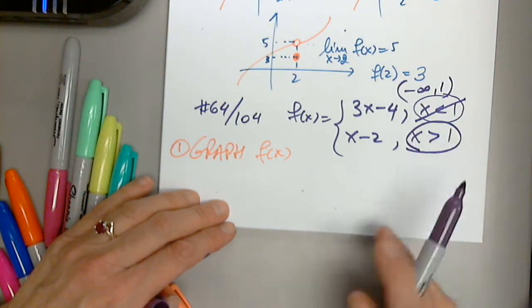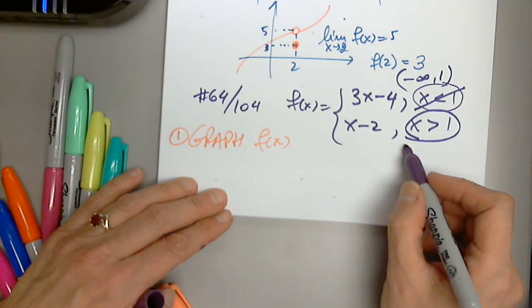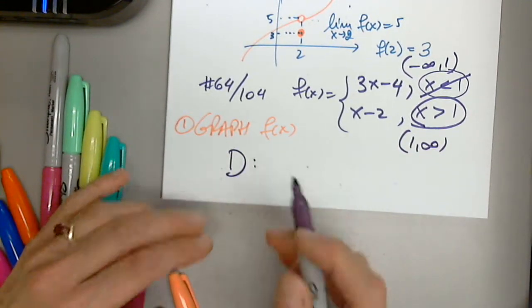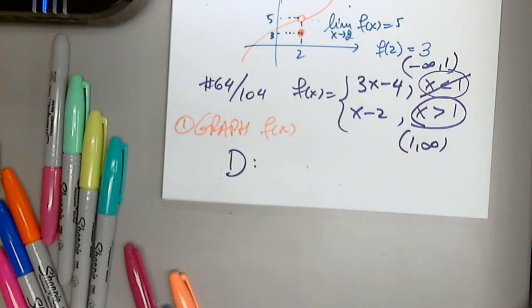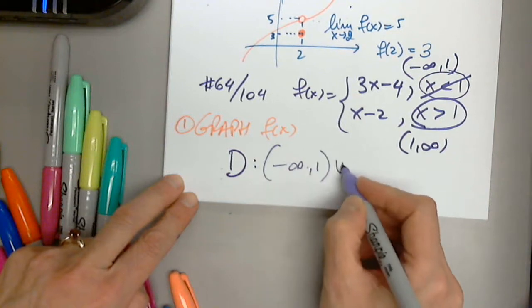What is the domain of this function? Negative infinity to 1, union 1 to infinity. Exactly. The function is undefined at 1.